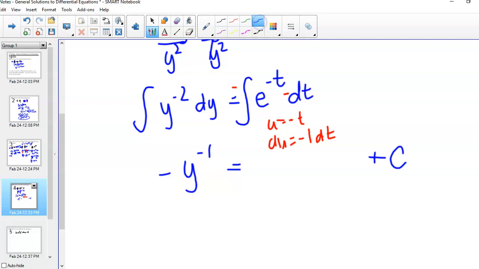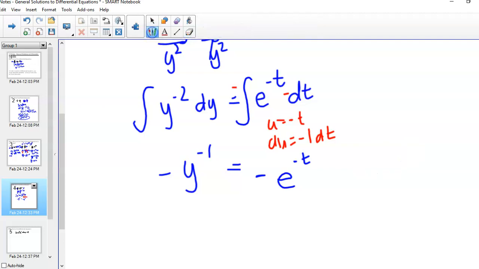And so when we integrate this, we've got that negative out front. The integral of e to the u is e to the u. So we'd get e to the u, which is just negative t, but we would have that negative out front there. And then I'm going to move this c over a little bit. This plus c would be right here.